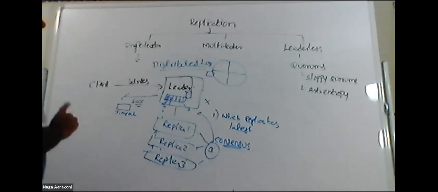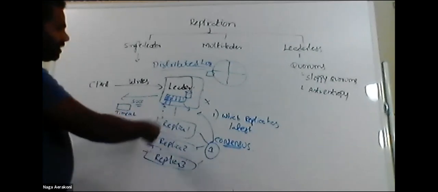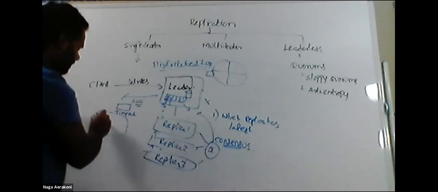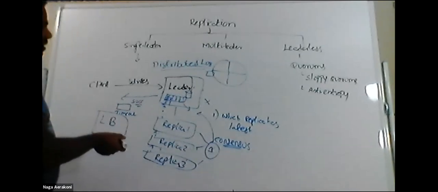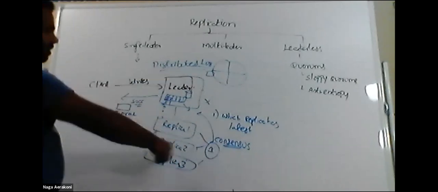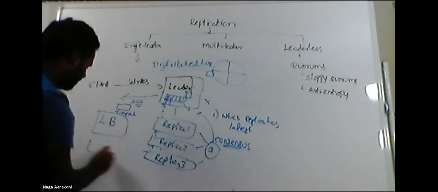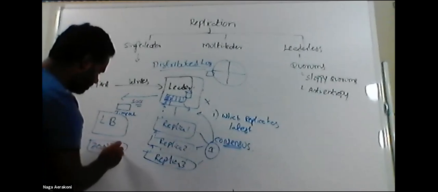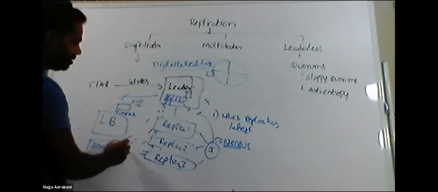Normally this could be done at a load balancer level, where the heartbeats of all the nodes, replicas and leaders are at the load balancer. Or there could be a system like Zookeeper, a configuring system, which keeps monitoring all these replicas as well as nodes.